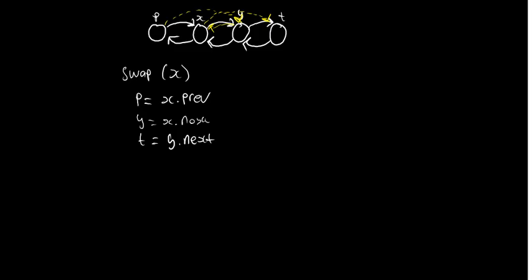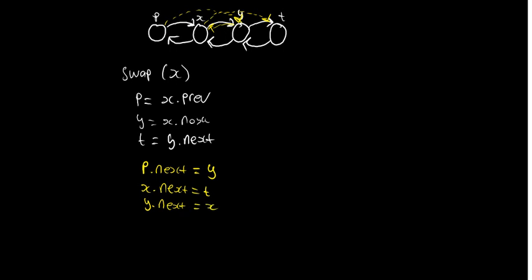So this is simple. We're just going to say p dot next is equal to y, because we already have y there, and then x dot next is going to equal t, and finally y dot next is going to equal x.